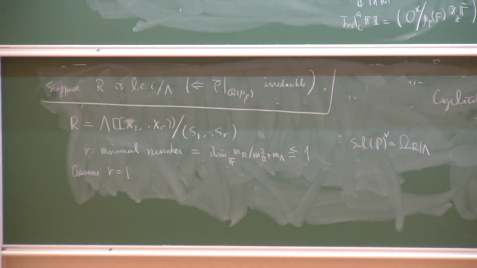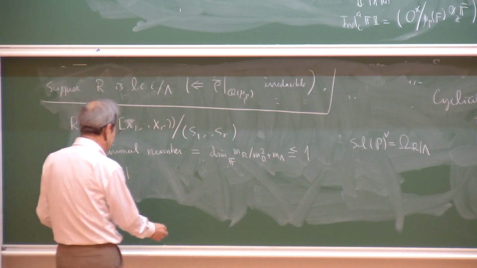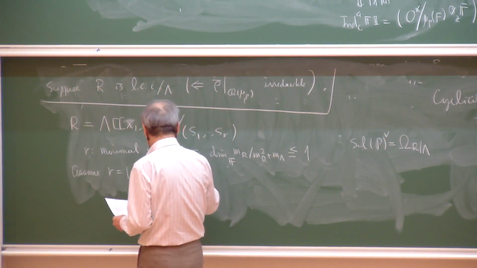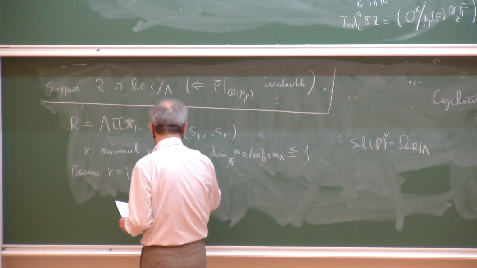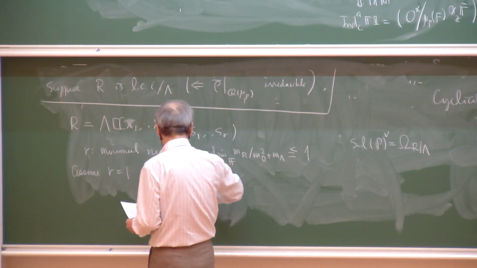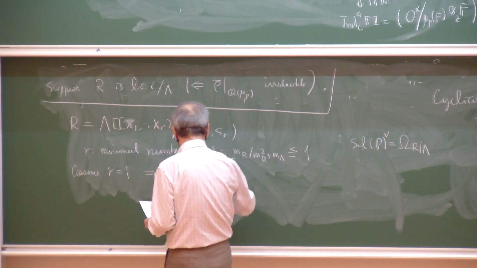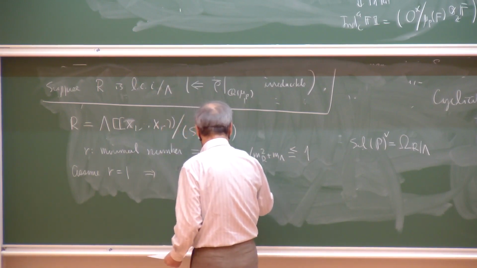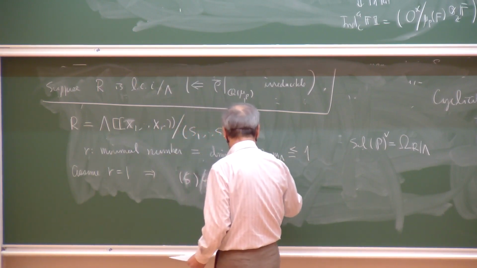Then you have the second fundamental sequence. So this means you have a presentation: S over S squared goes into omega lambda X, getting out of your R.